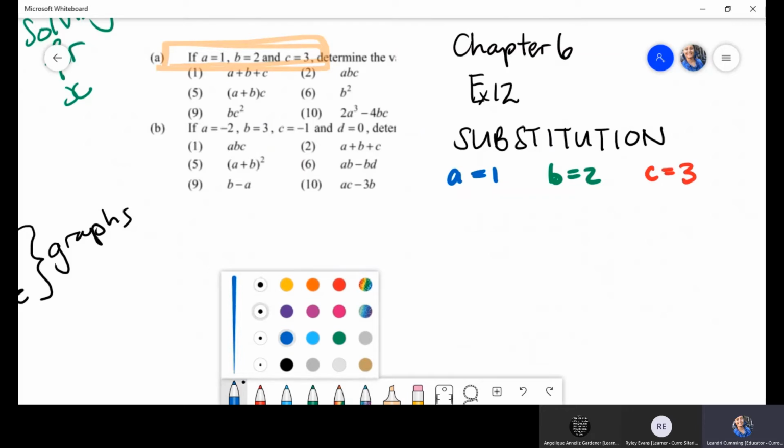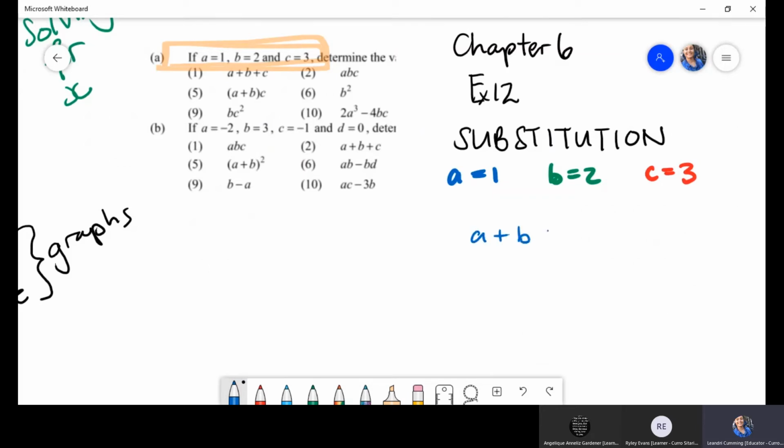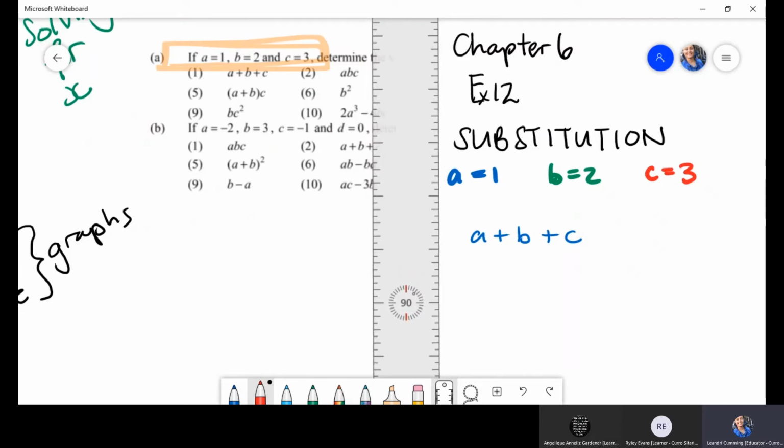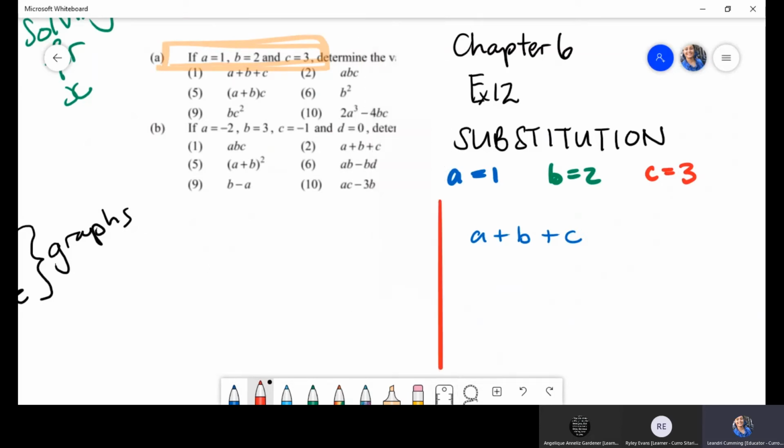We are given A plus B plus C. In your workbooks, next to your red line on your page, it's best to, in your margin, have your equal sign right here. And as you work, you replace your letter A with 1. I keep my plus, it's still part of my expression.